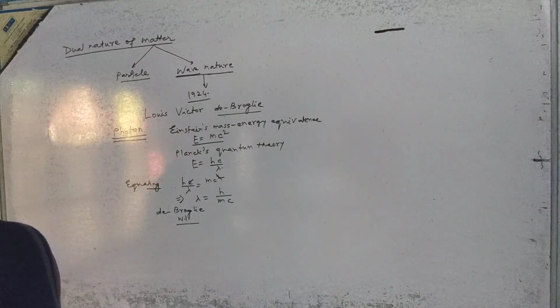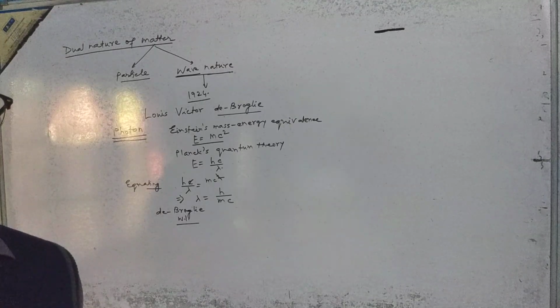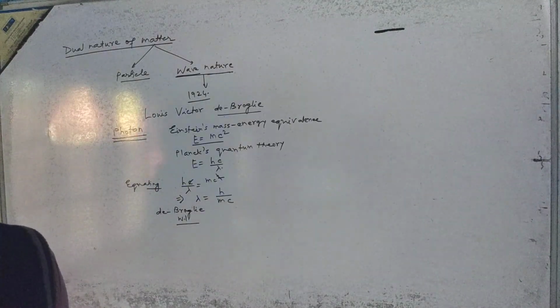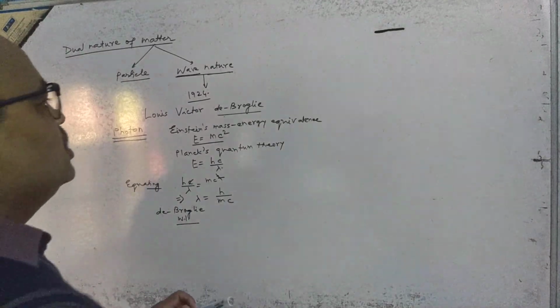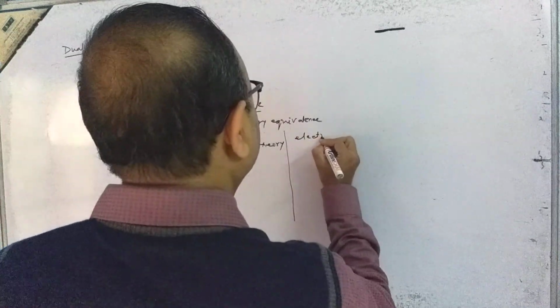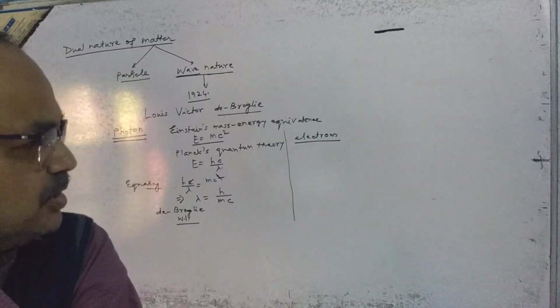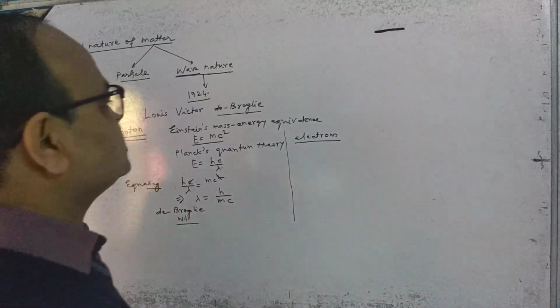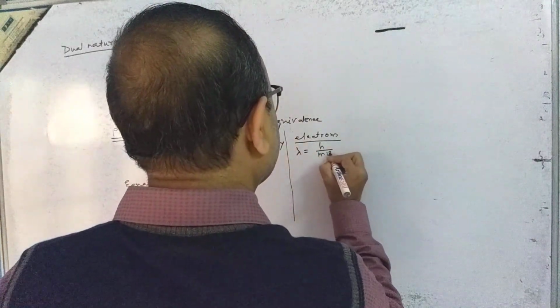But I just tell you, it is also applicable in case of some other particles, especially electrons. In our syllabus, mainly for the electrons, it is also applicable. If we talk about the electrons, then the de Broglie wavelength is equal to h/(mv).